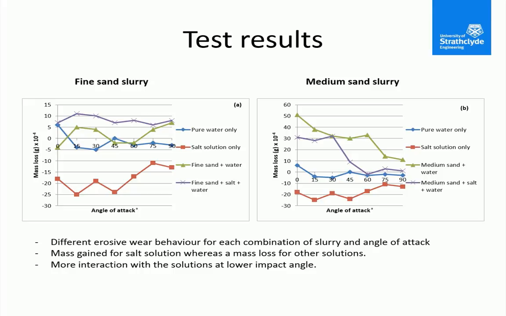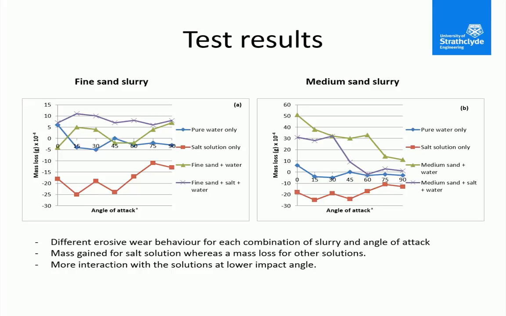And then if we add salt to the solution, we get very significant mass loss. And this is for our polymer-based composites, materials that we didn't think we would see an effect of salt on the surface, because there wouldn't be a chemical attack on the surface.